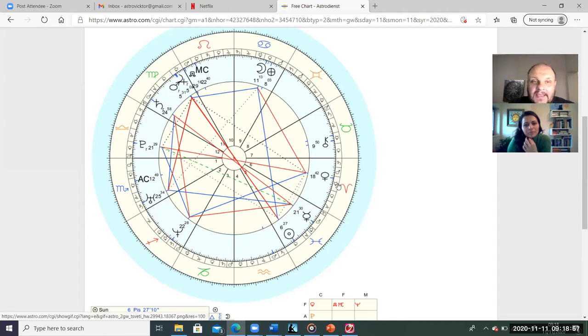Now, each sign is broken into 5 little segments, which are ruled by the visible planets, apart from the Sun and the Moon, because they are not ruling any of these little segments.